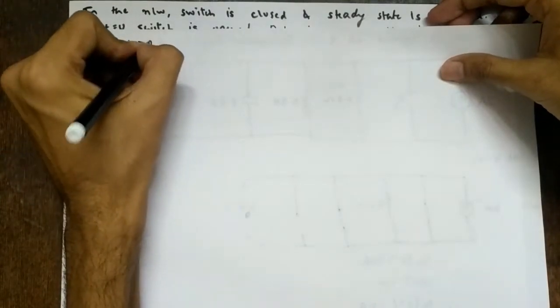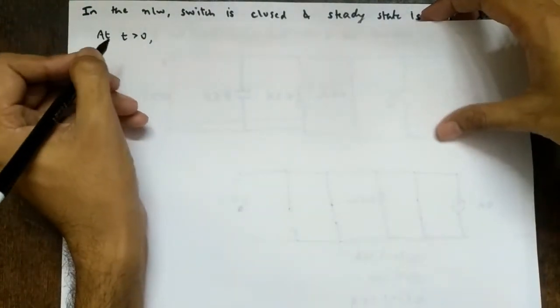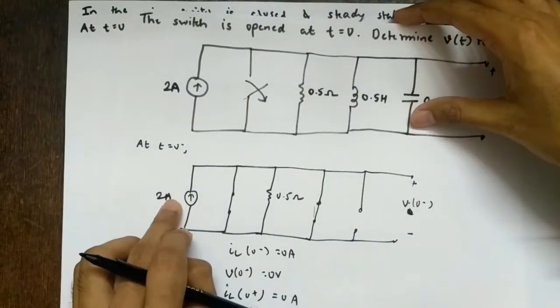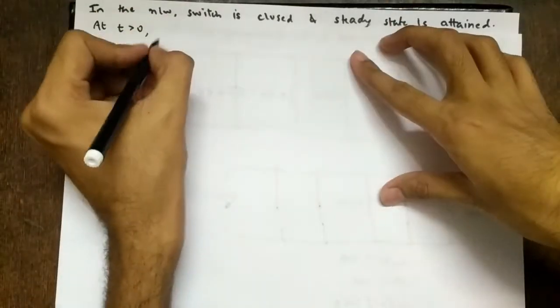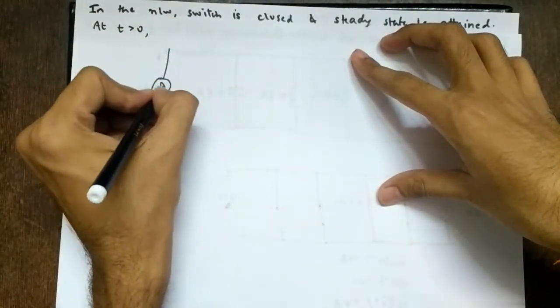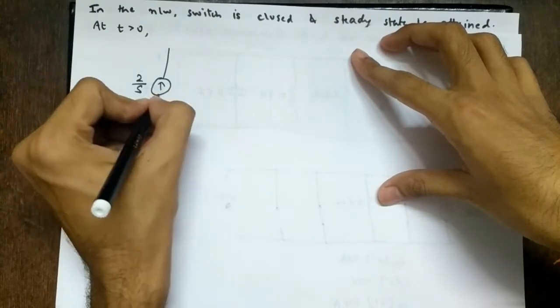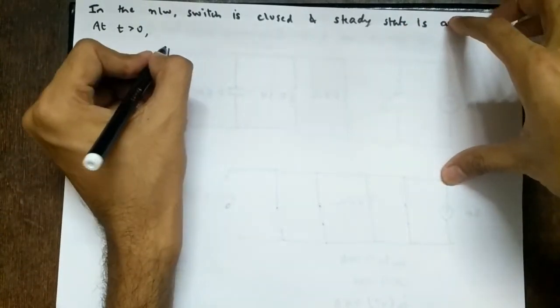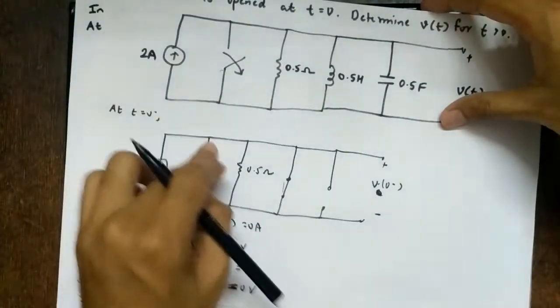So at t greater than 0, what will happen? We have a current source of 2 amperes, so 2 into a constant; the Laplace transform of 1 is 1 by s. So we'll go to the Laplace domain, or s domain. So this will become 2 by s, right? Now the switch is open, so this will not be there.